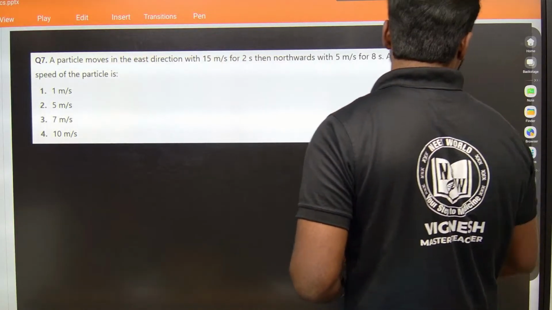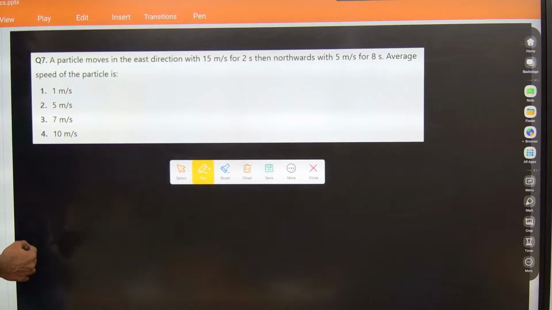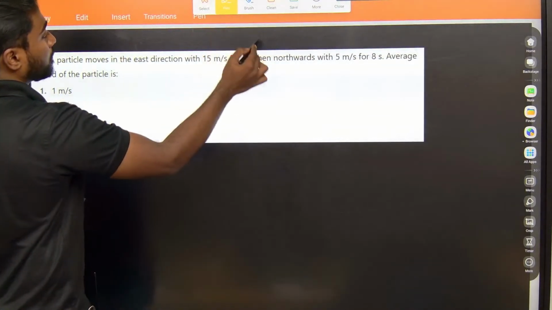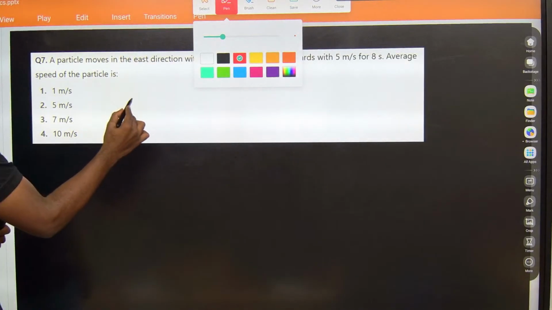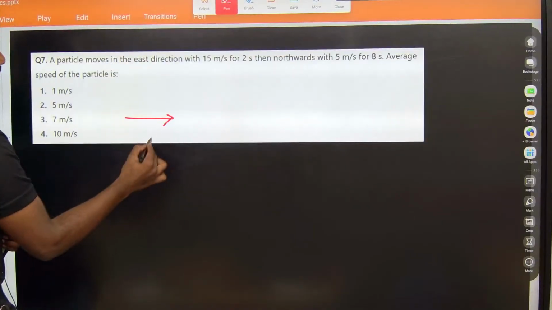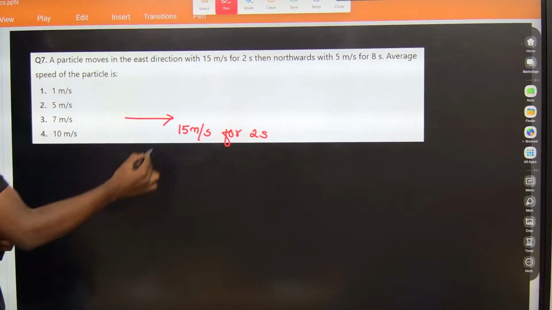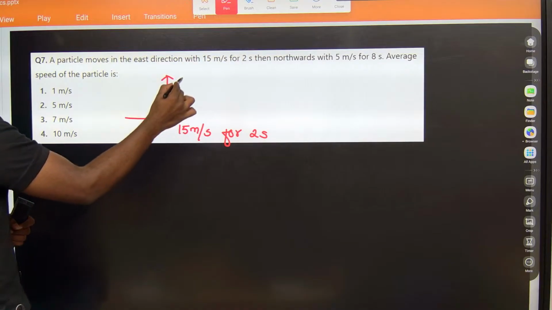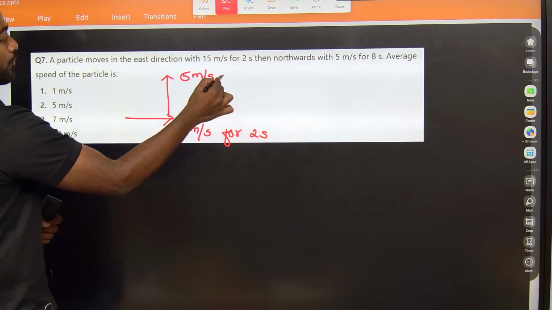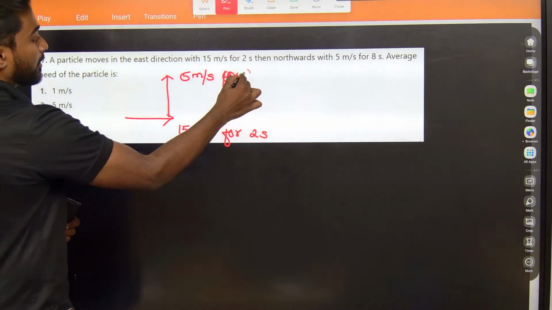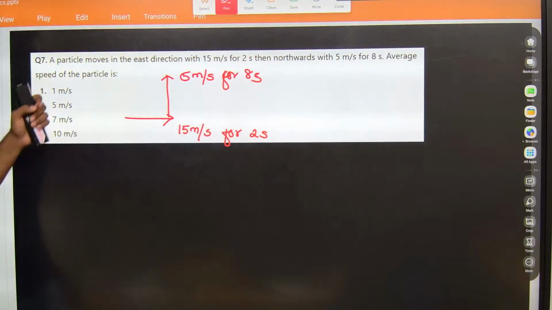So first we will write what are the given terms here. The particle moves in east direction, this is my east direction, with 15 meter per second for 2 seconds, and northward, this is my north, 5 meter per second for 8 seconds. I need to find the average speed.